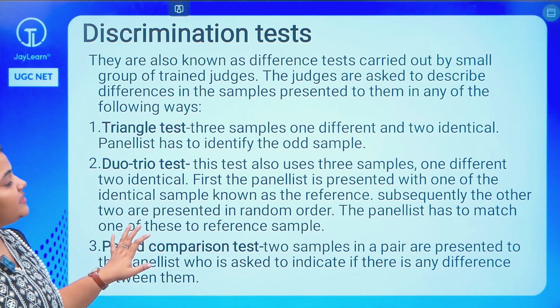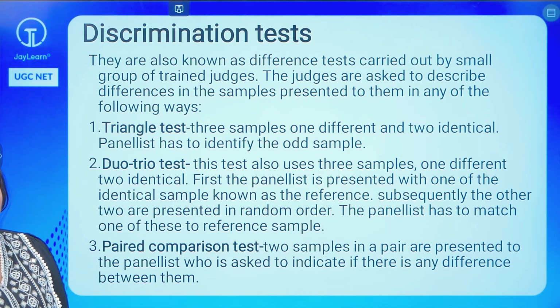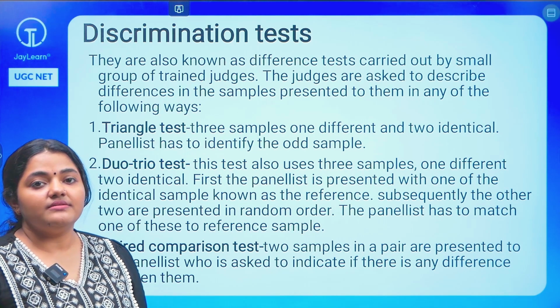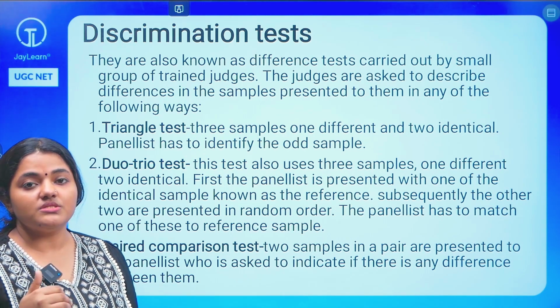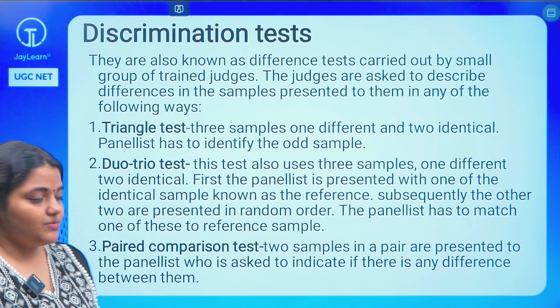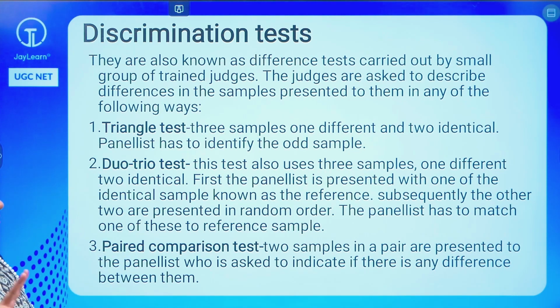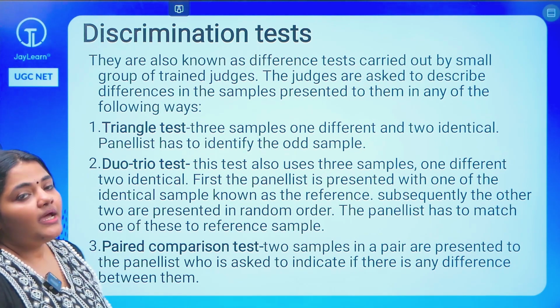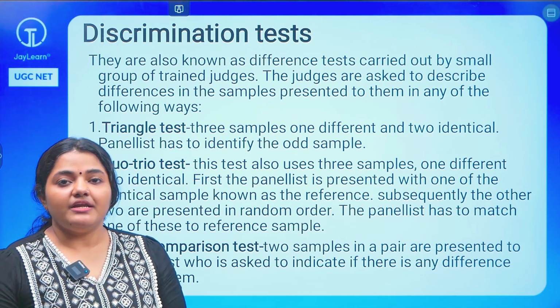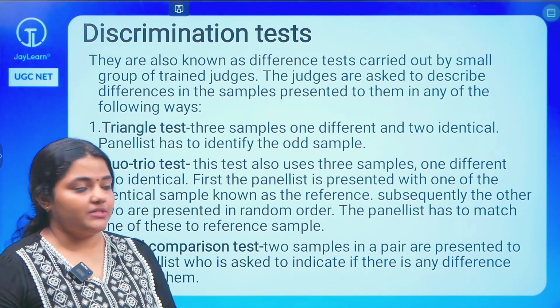The duo-trio test, again 3 samples, 2 identical, 1 odd. The panelist is asked to identify the one which is closer to the reference or similar to the reference one. Paired comparison, again only 2 samples in a pair. The panel member is asked to identify which is having the difference.